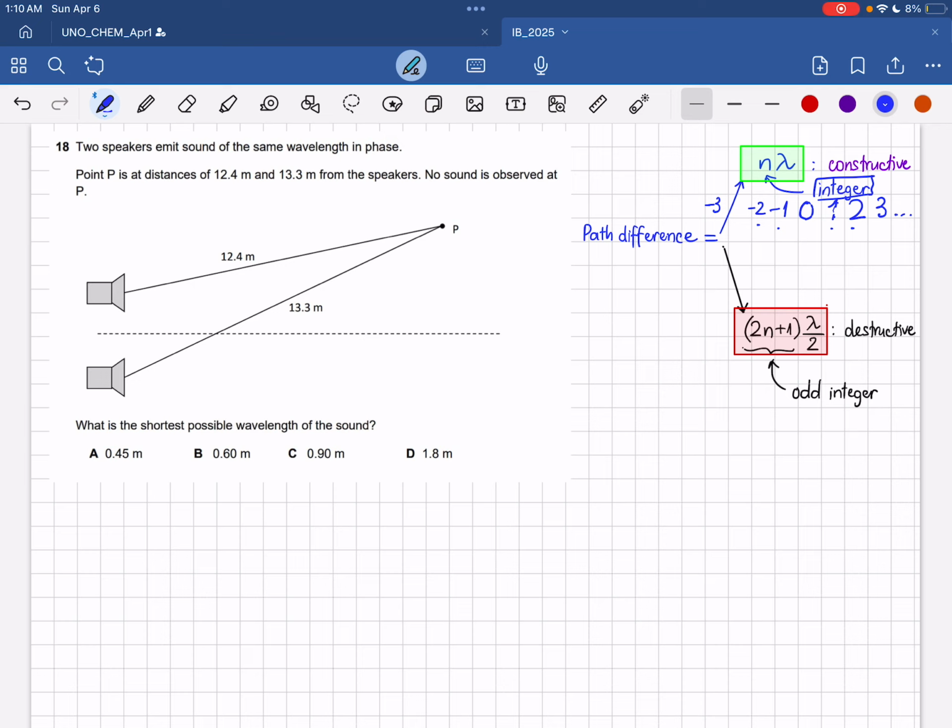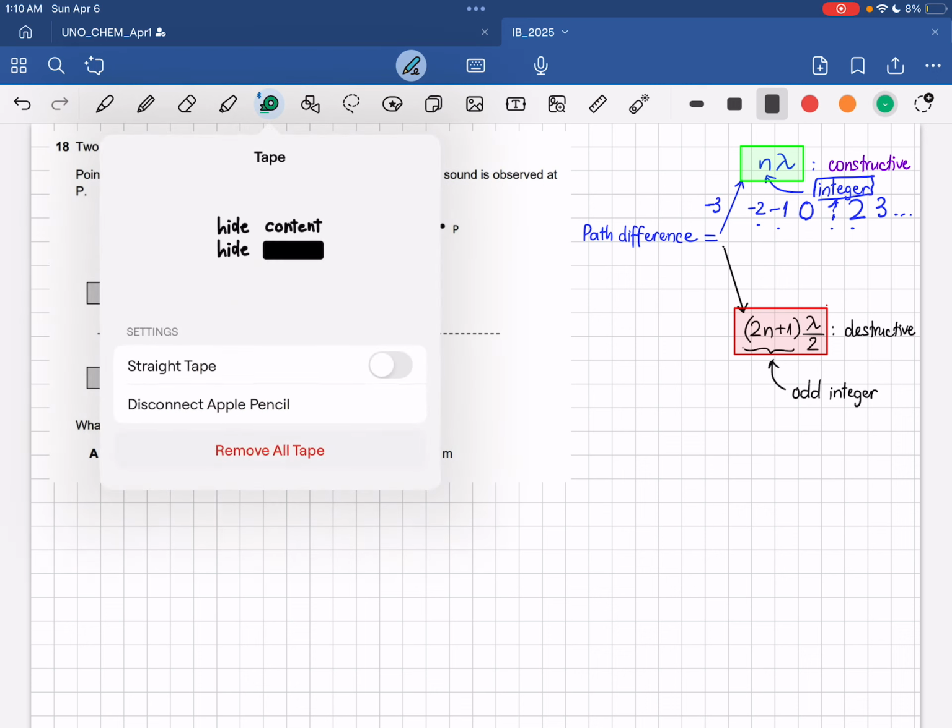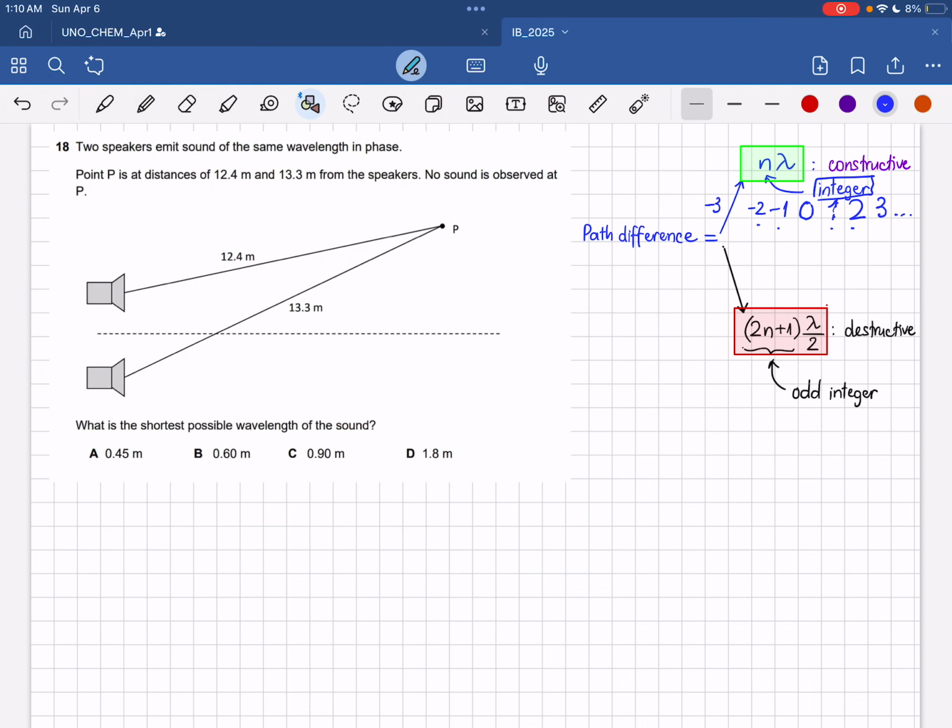So it can be either an odd integer or an even integer, or even negative. If it is positive, the point P should be on a screen. Let me draw it here. This is a screen perpendicular to the center, the midpoint between the two sources, and then we draw a line here, the distance from the source to the screen.